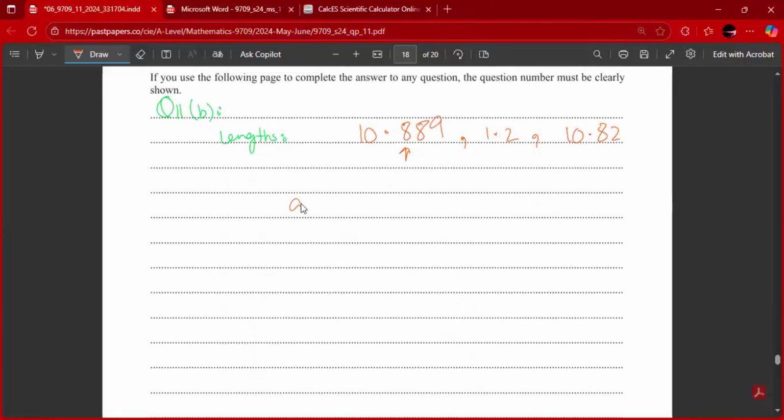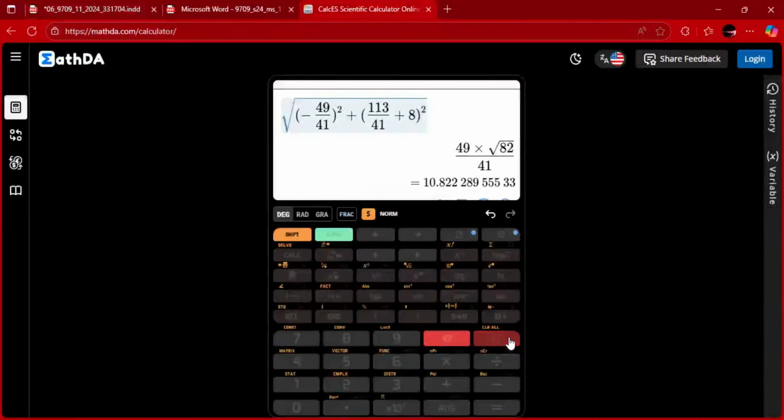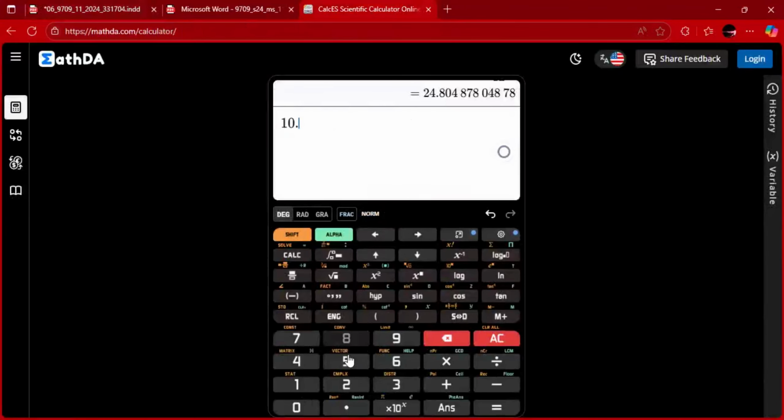So a square plus b square should be equal to c square according to Pythagoras theorem. So 10.889 square. Let's do it then. 10.82 square plus 1.2 square is 118.5.